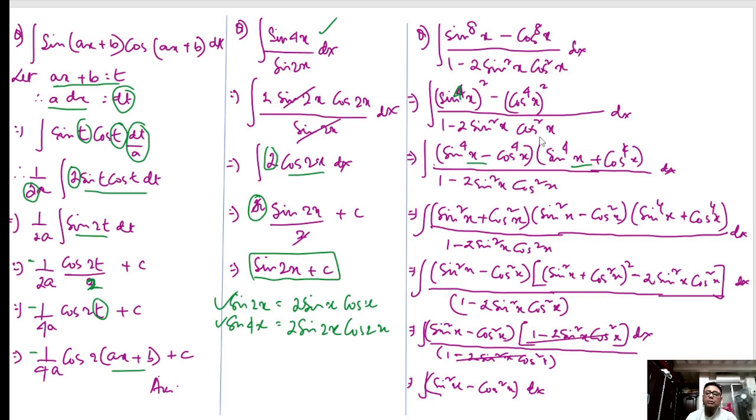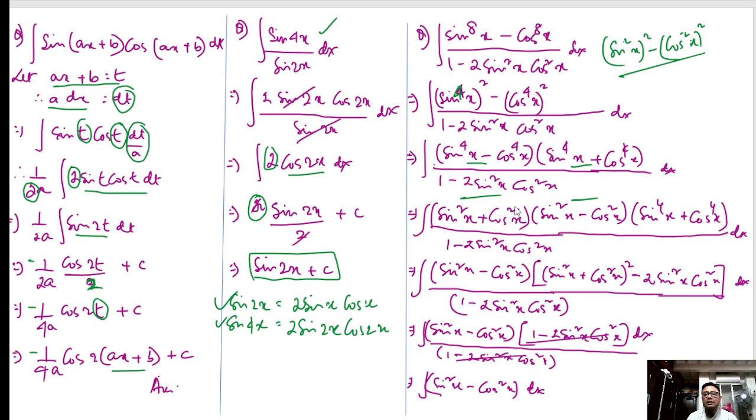Now this is sine 4x and cos 4x, which can again be written as (sine square x) whole square minus (cos square x) whole square.